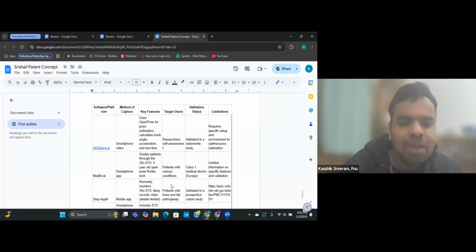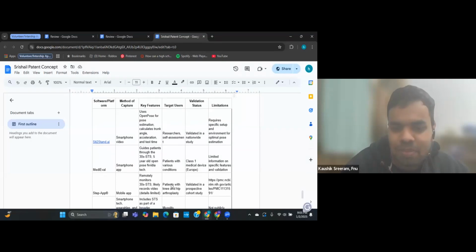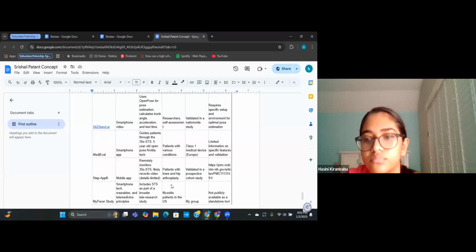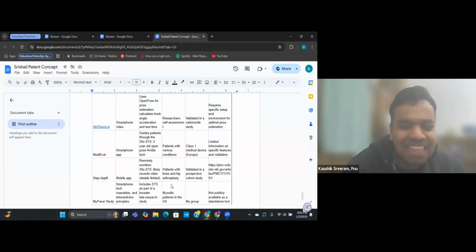They're using OpenPose, one technology, and the same technology they're using in a smart app, doing remote monitoring. It has been validated. And what have they done? And my Pacer registry, that is our group, not published yet, but it has been registered with clinical trials. That's the reason why it came up.